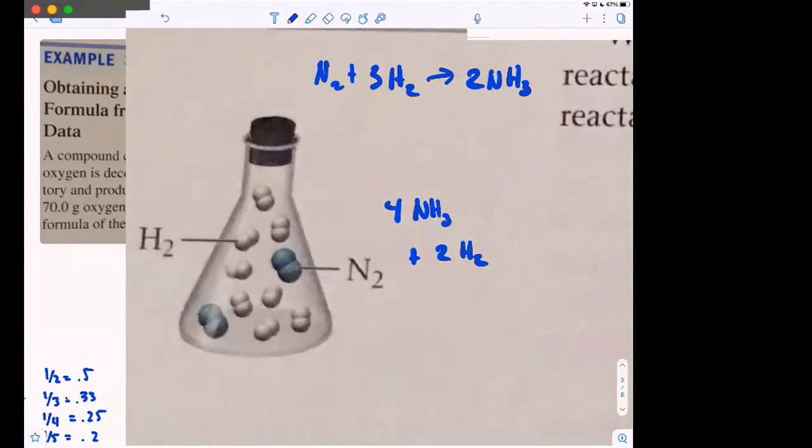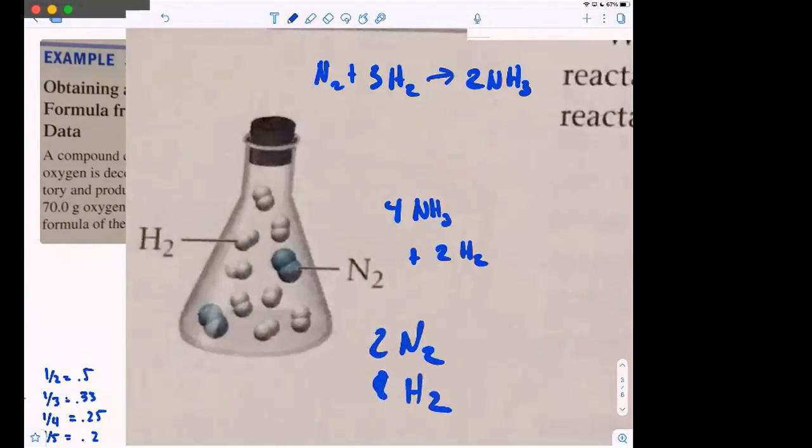We have 2 nitrogens, 2 N2s, and how many hydrogens do we have? Let me see here. 1, 2, 3, 4, 5, 6, 7, 8. So we have 8 hydrogens. From this, we have 2 nitrogens and 8 hydrogens.